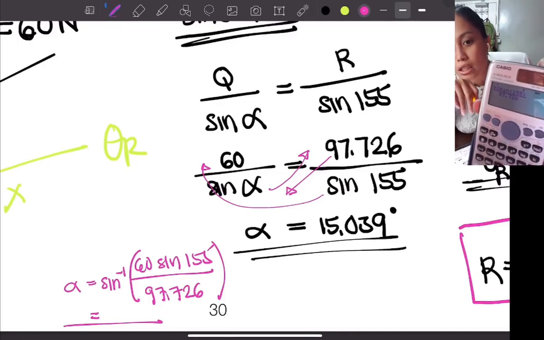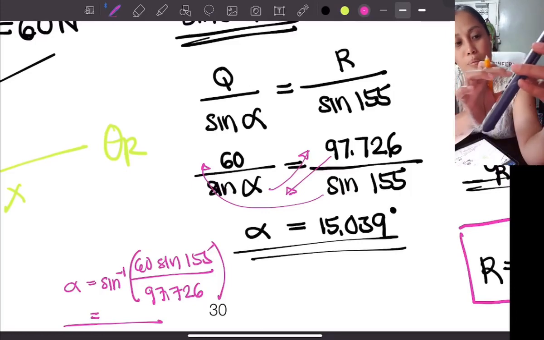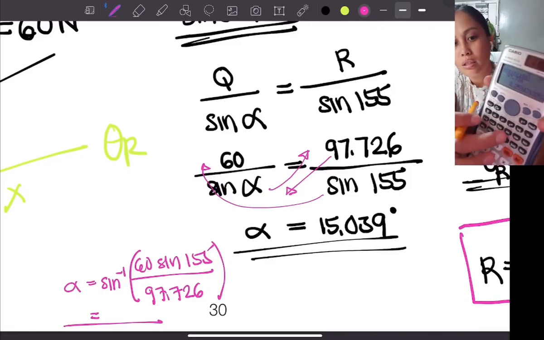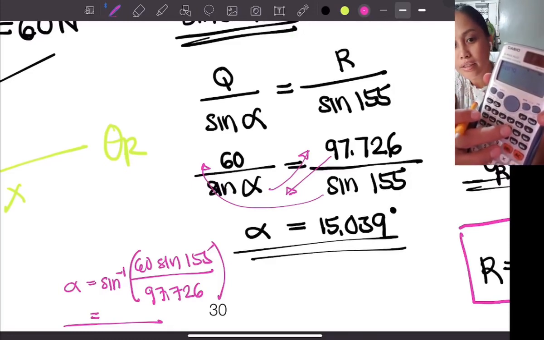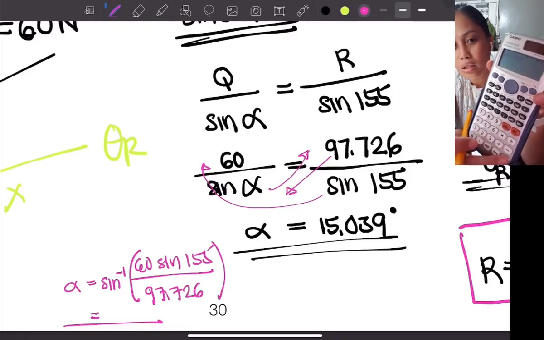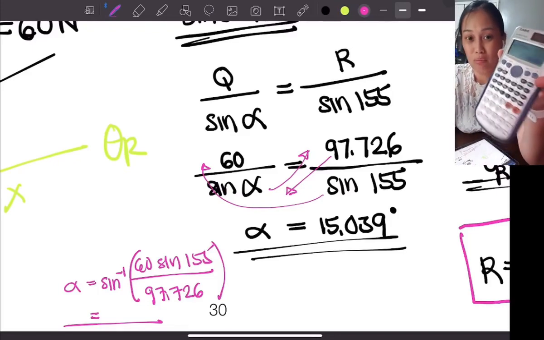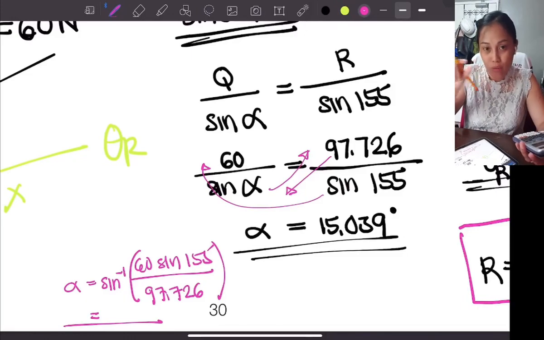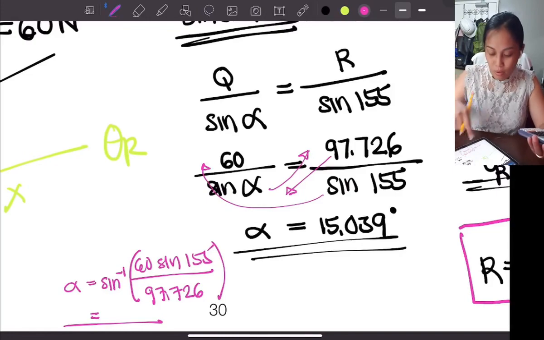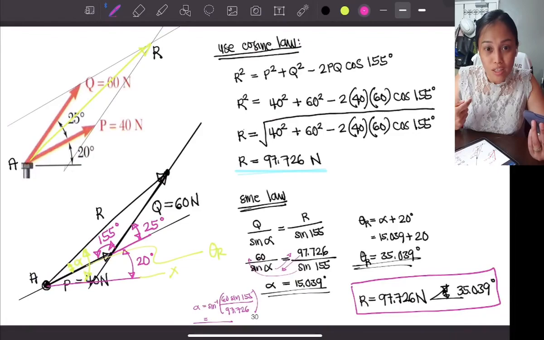Enter 60 sine 155 over 97.726, then equals. Then shift sine, or arc sine, of the answer, equals 15.039. If you cannot do it directly, compute step by step and then take the arc sine to get the angle alpha. Okay, so that's it for example 1.